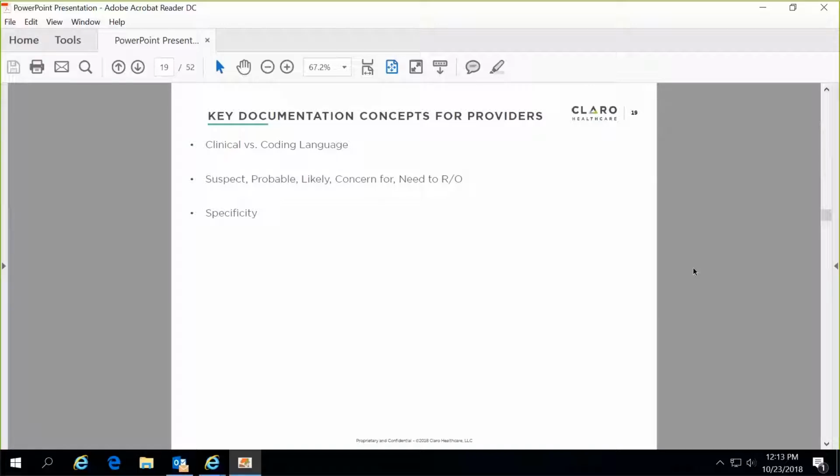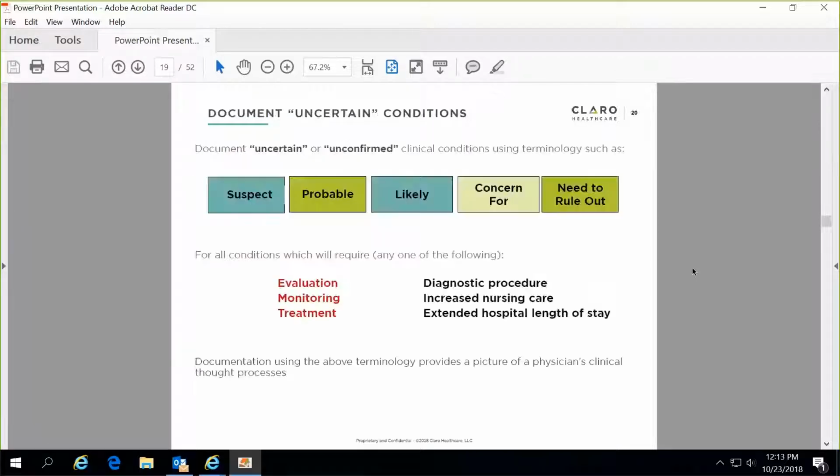They have to say abdominal pain. That's what would go on their bill. But they can put in their differential suspect, likely, probable. That helps their evaluation and management, higher level of care, because they're suspecting something and they're going to have to work up this patient for more. And then the specificity, that's important in those conditions. So we work in clinical documentation to make sure that these concepts are used in the inpatient setting.